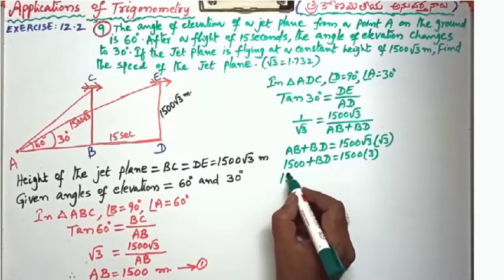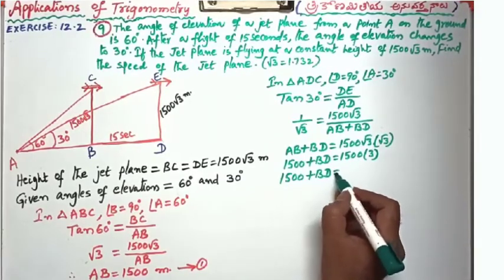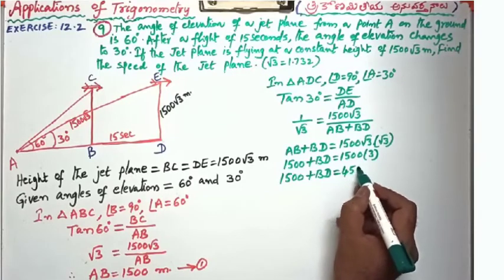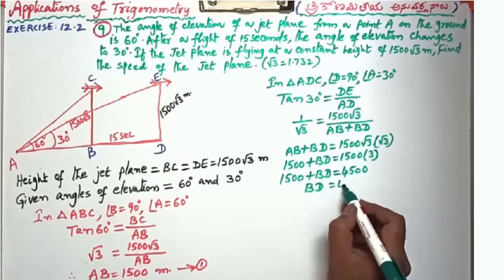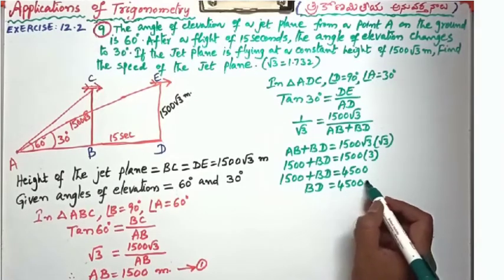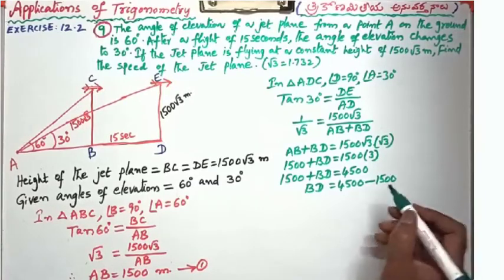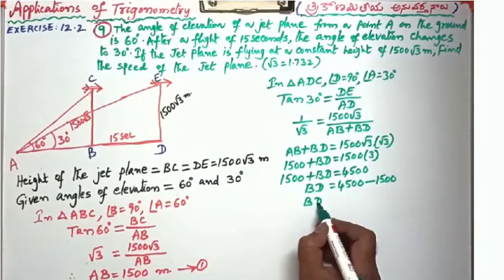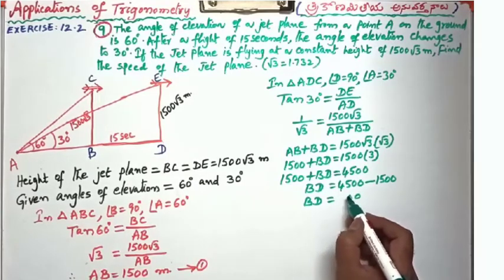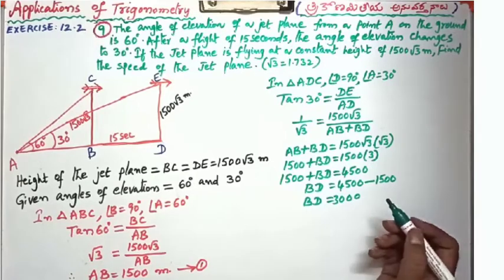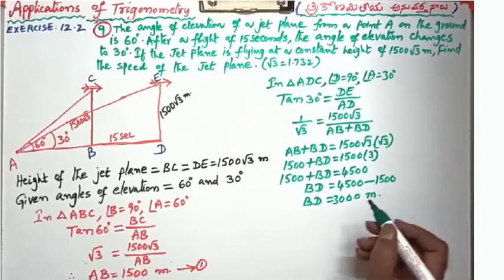So 1500 plus BD is equal to 4500. Now BD is equal to 4500, bring this 1500 to this side, it will be minus 1500. So BD is equal to 3000. So BD is 3000 meters.